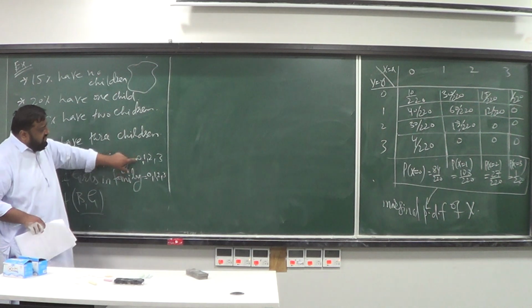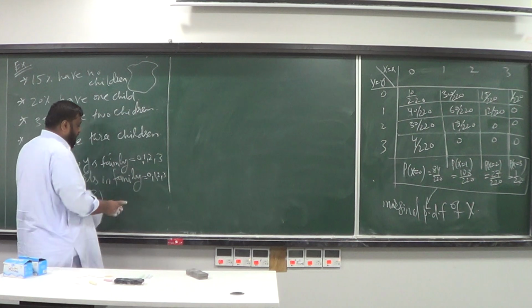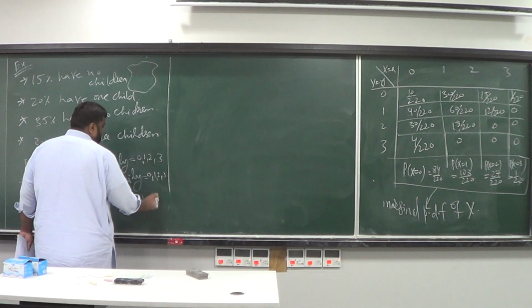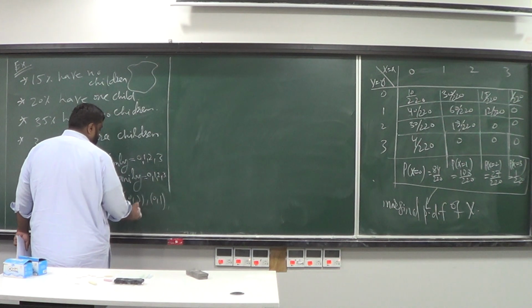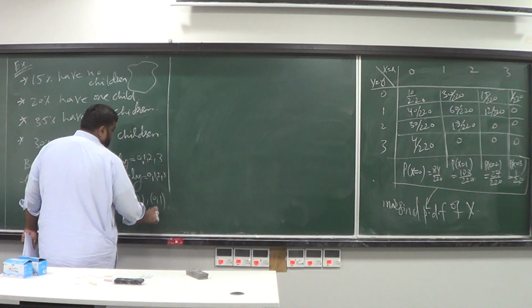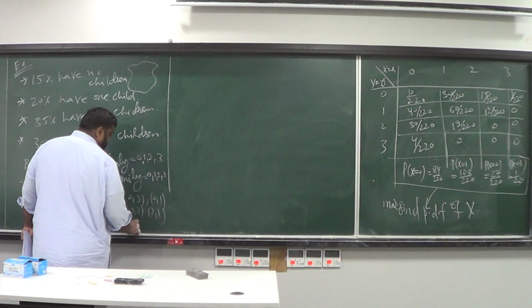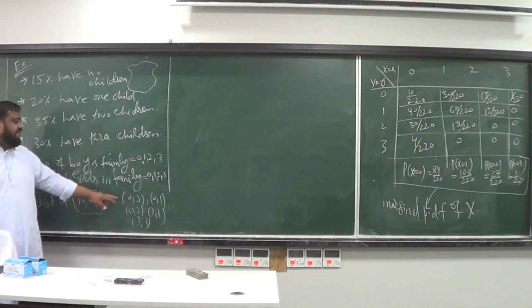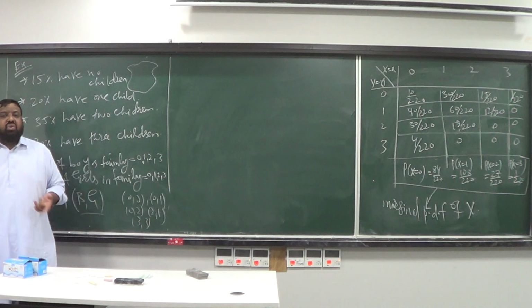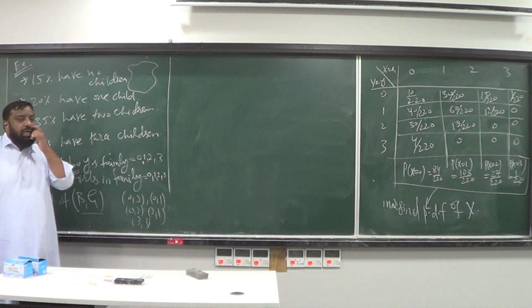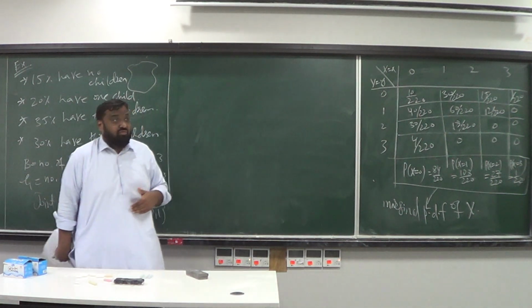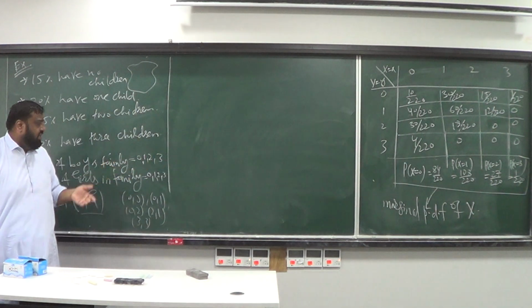It can take (0, 0), (0, 1), (0, 2), and so on and so forth. It's going to take (2, 1), also (3, 3), and so on. But what would be the interpretation of (0, 0)? In a family, there is no boy and no girl, so it means that there is no kid.